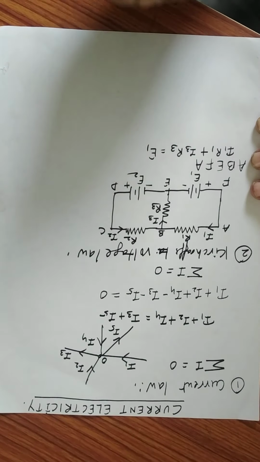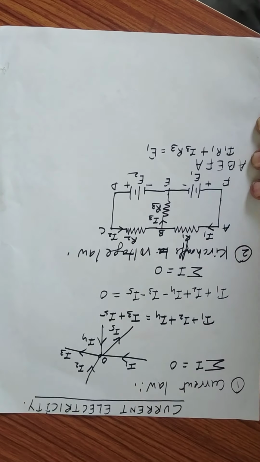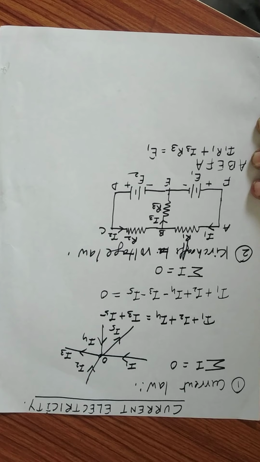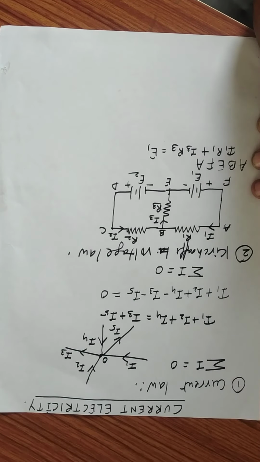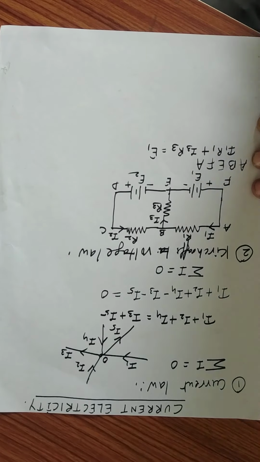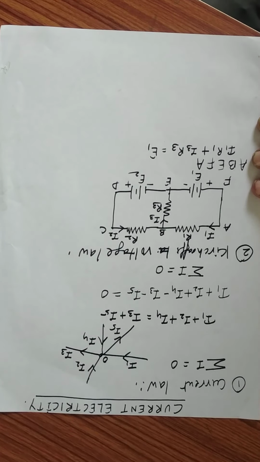Now, one more thing you have to remember. If the direction of the loop and the direction of the current are the same, then take the current as positive. If the direction of the loop and the direction of the current are opposite, then take the current as negative. The selection of the loop depends upon us.